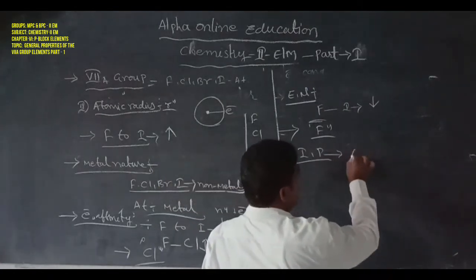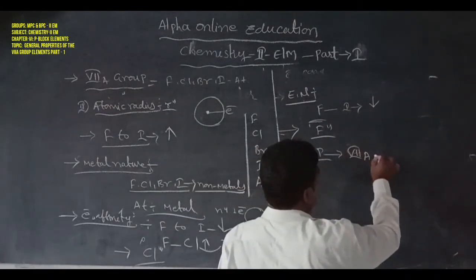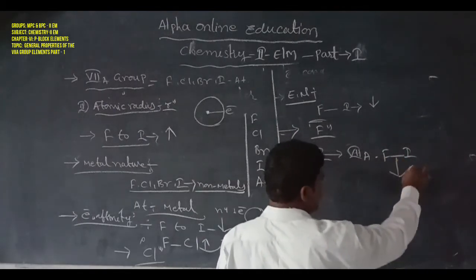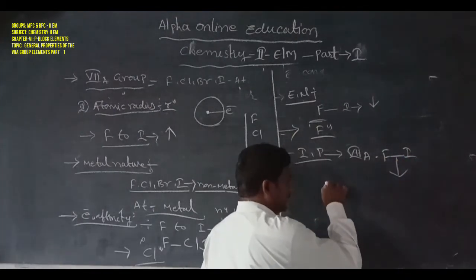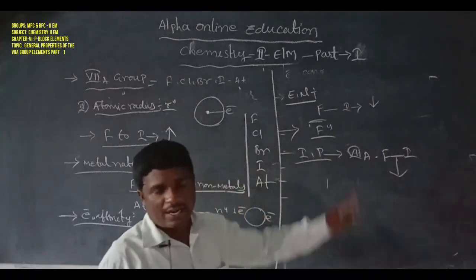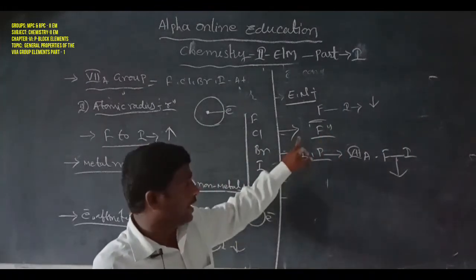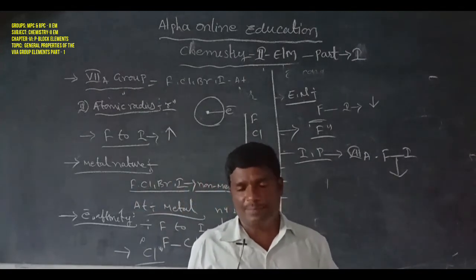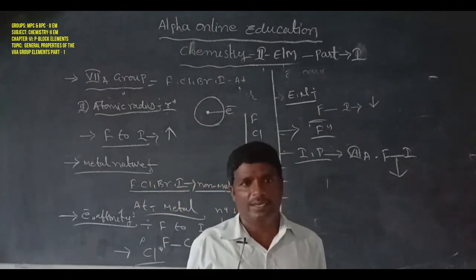In 7A group elements, from fluorine to iodine, IP values decrease because atomic radius increases. As atomic radius increases, ionization potential decreases.